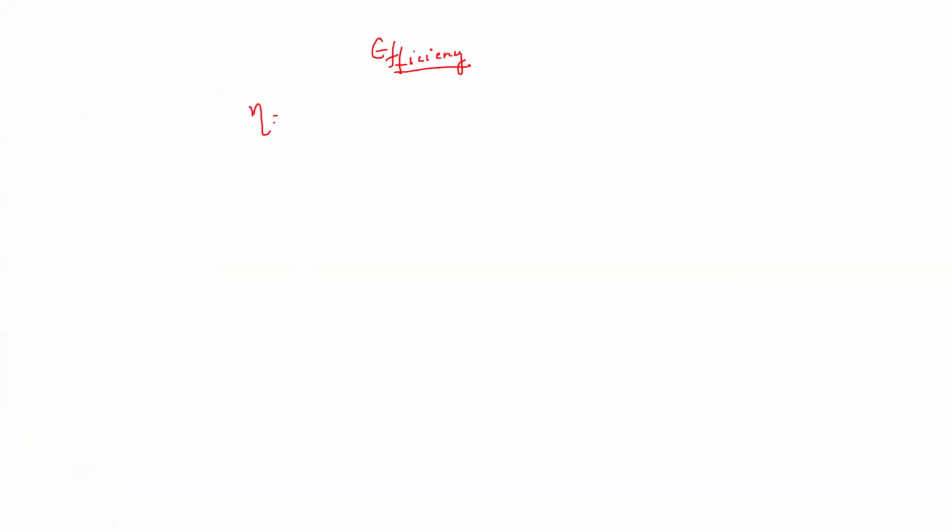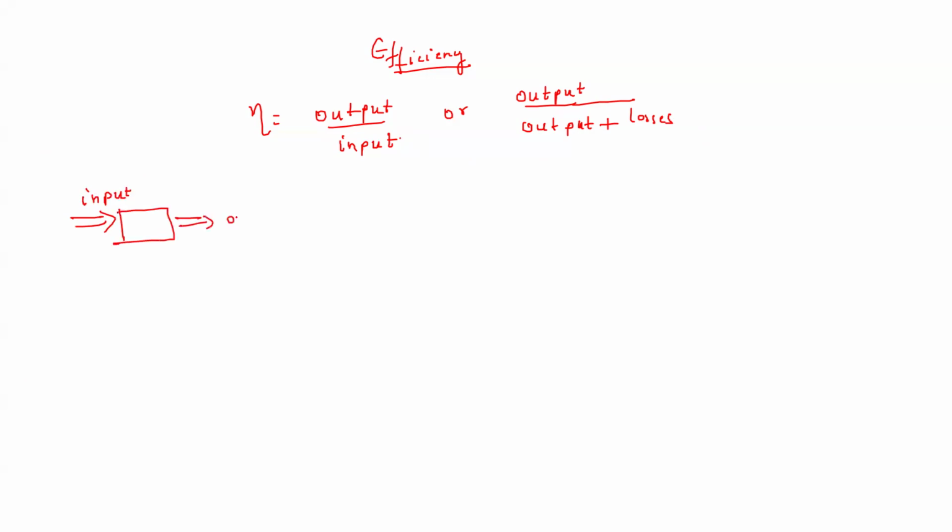So this is efficiency. Efficiency is output by input, or output by output plus losses, because you give input to a system, you get output, and there are some losses.